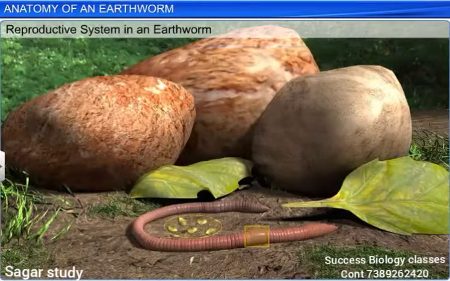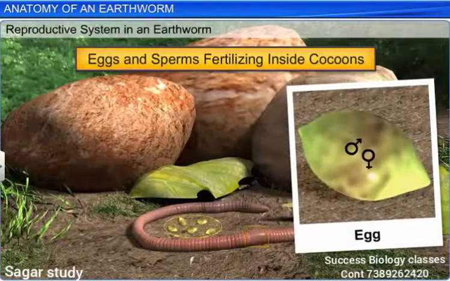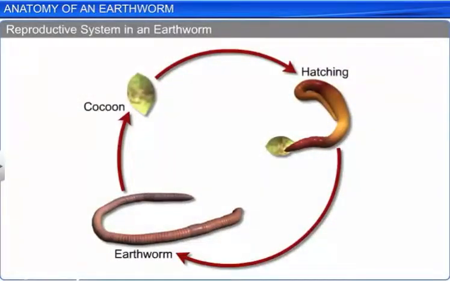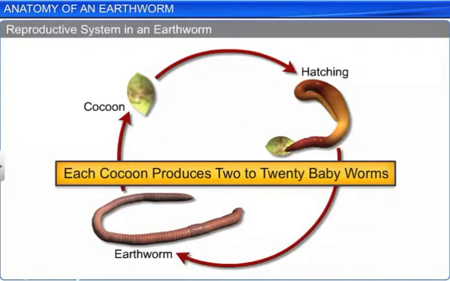The eggs are fertilized by the sperm in the cocoons and are deposited in the soil. Inside the cocoons, embryos develop, and after 3 weeks, each cocoon produces about 2 to 20 baby worms. These baby worms show direct development, which means the larval stage is absent.